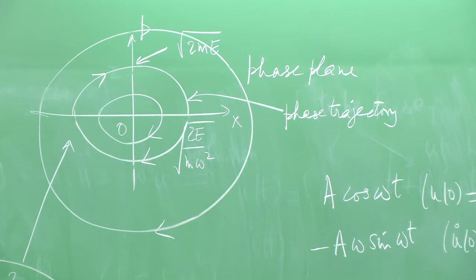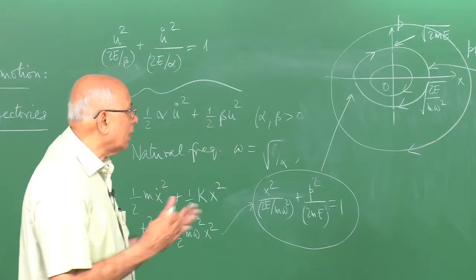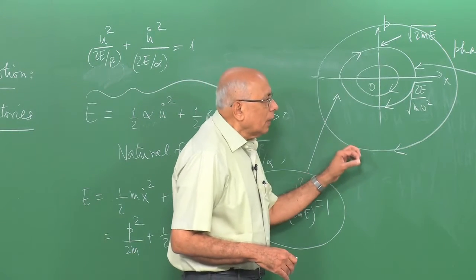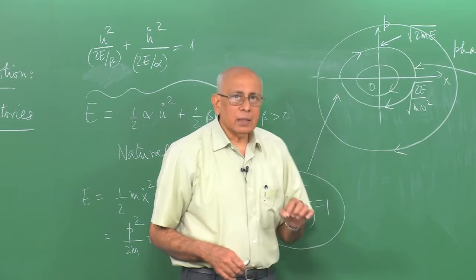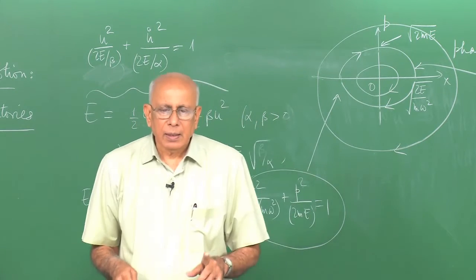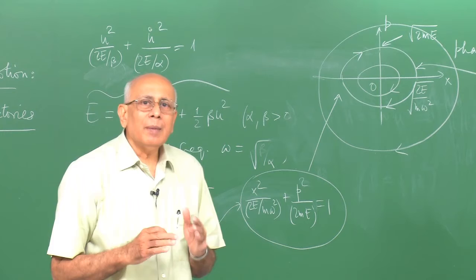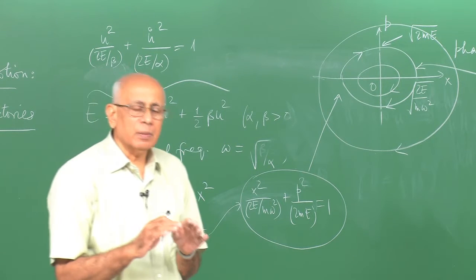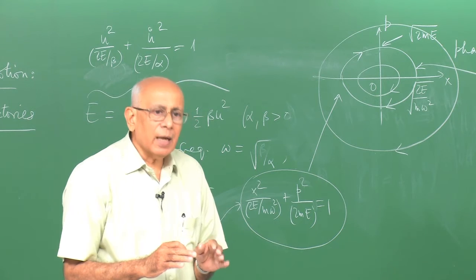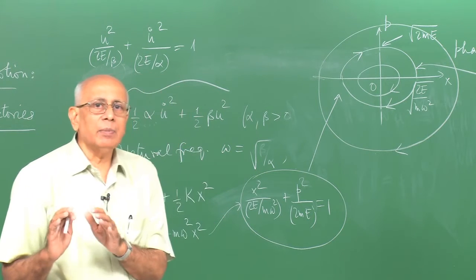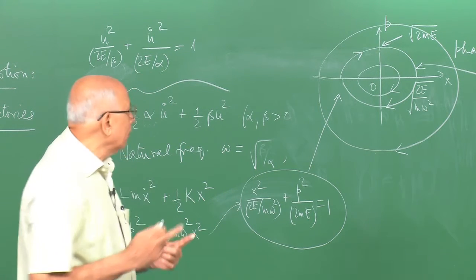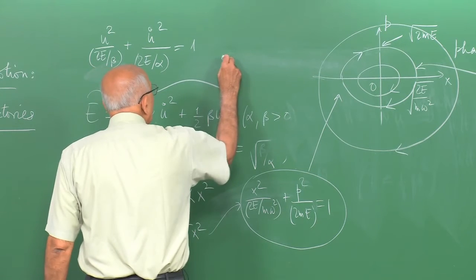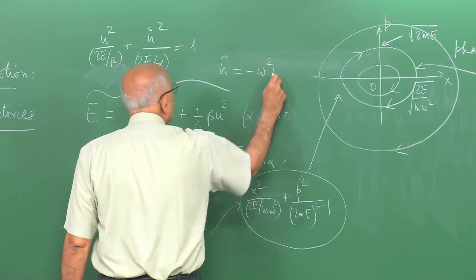And this concept is generalized when you have more degrees of freedom, higher dimensional motion and so on, because it helps us appreciate the crucial fact that in all these cases the dynamics is happening not only in the space of the variables themselves, but in a space of the variables as well as the time derivatives, because finally Newton's equation, when you write it down, in this case for instance we had u double dot equal to minus omega squared u.